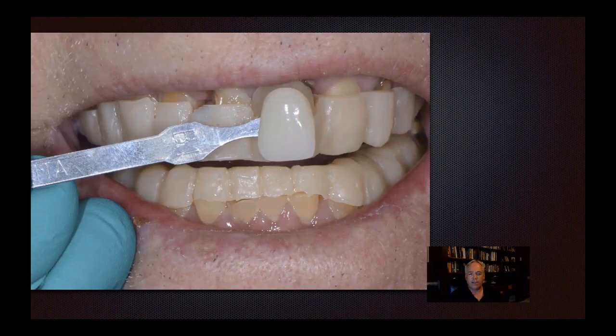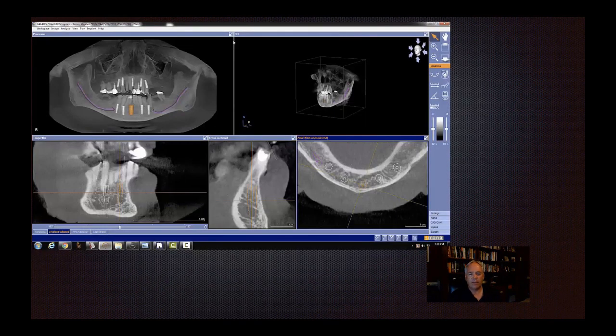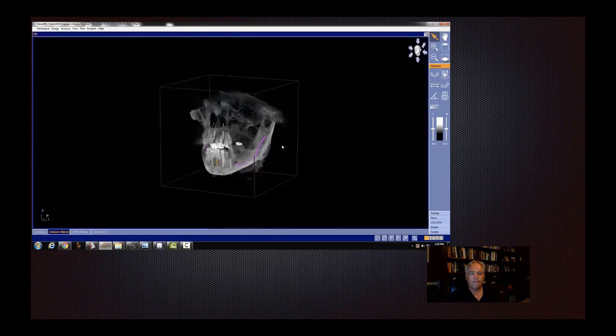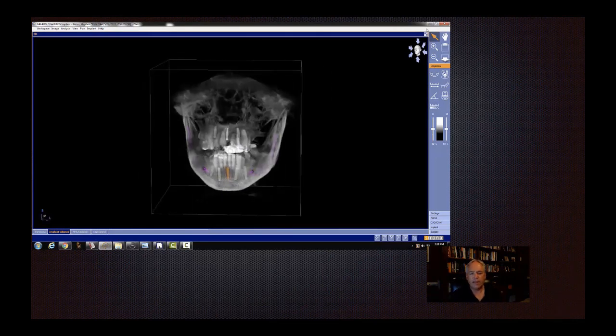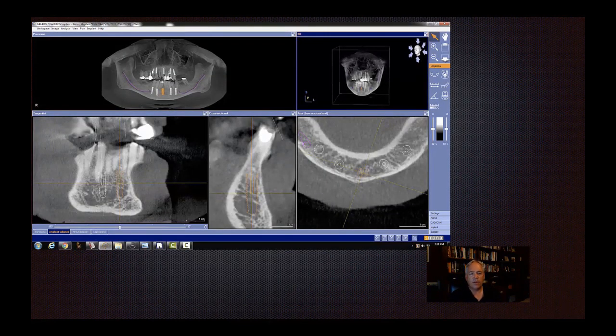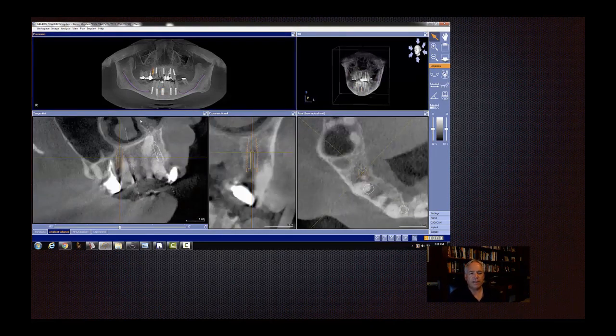So with that information, we picked our shade, took quick impressions or scans of this as our new starting point, and then went to our cone beam to plan our implant placement. What was great is that he had a lot of room for us to put 5 implants on the top and 5 implants on the bottom.